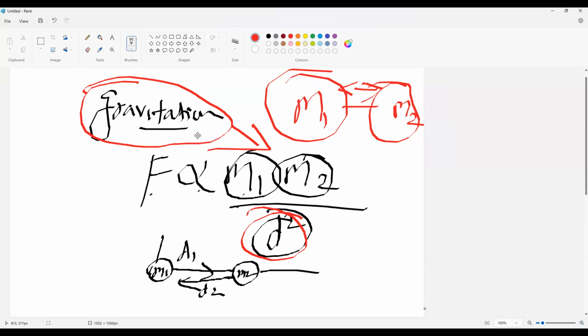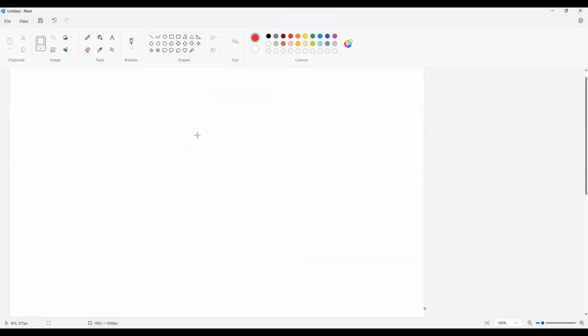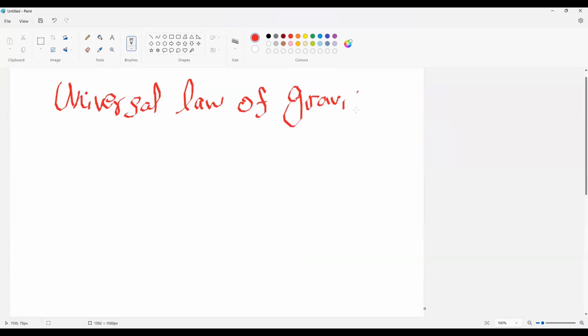Now I will write what is the concept. If you want, you can note it down: the universal law of gravitation. What is the universal law of gravitation?